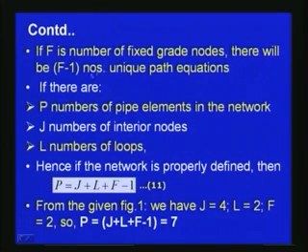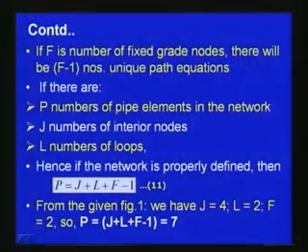Now, if f is the number of fixed grade nodes, there will be f minus 1 unique path equations. In the last example which we discussed, there were two reservoirs, so we can have one unique path; depending upon the number of fixed grade nodes, there will be f minus 1 unique path equations.